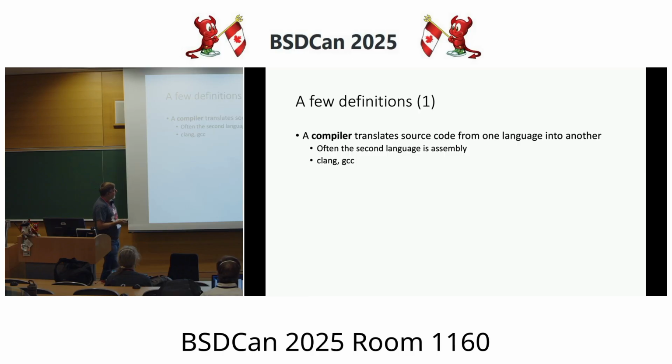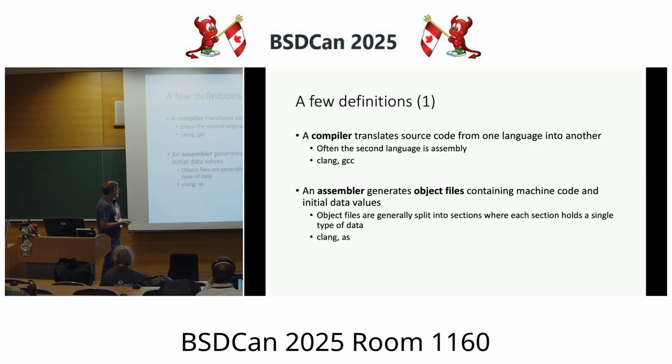I'm going to say that a compiler is a program that translates source code from one language to another. Often, in the world that we operate in, you're translating into assembly. For example, with C and C++, your compiler typically translates into assembly. Things like Clang and GCC would fall into this. Then an assembler takes assembly as input and generates what I'm going to call an object file as its output.